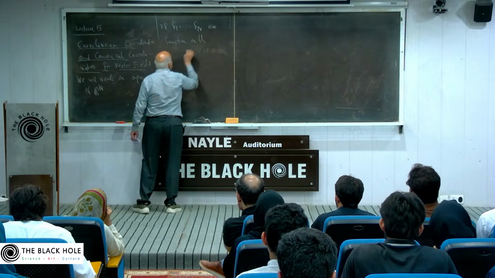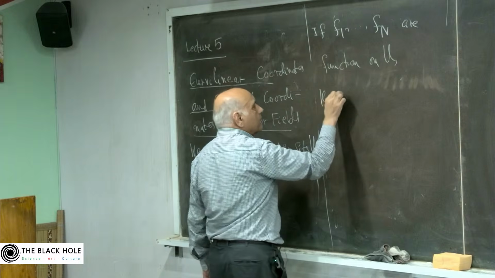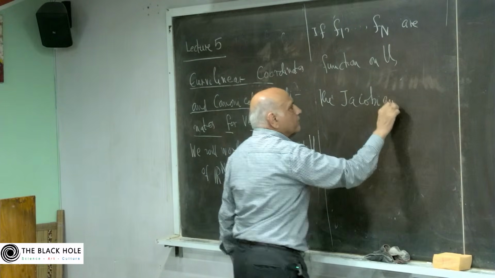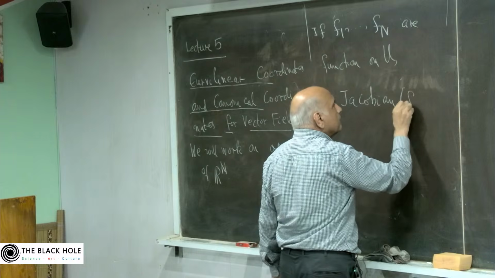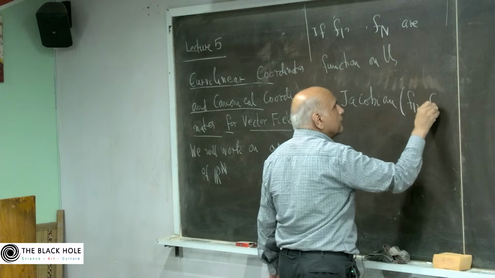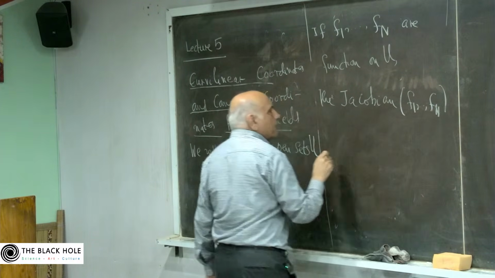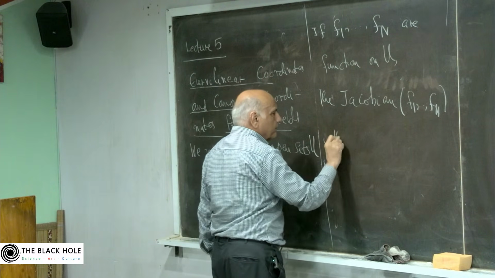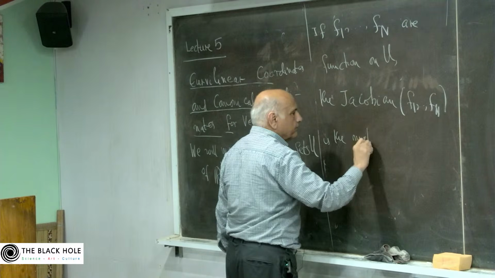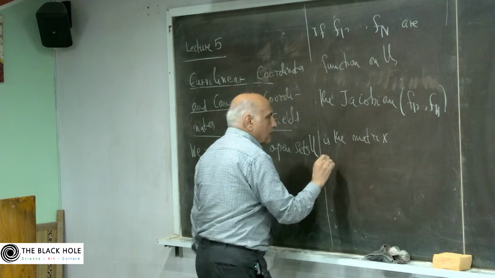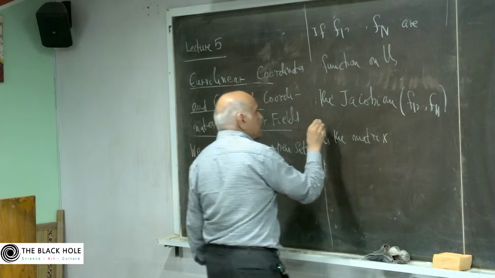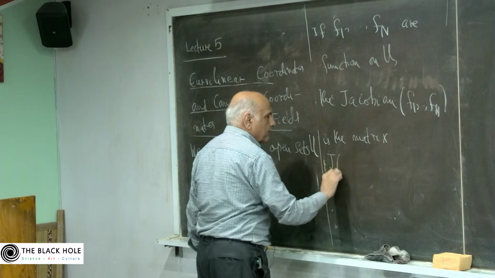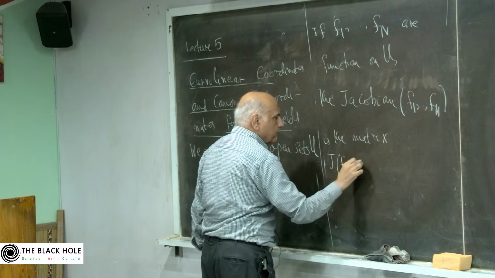The Jacobian of f1 up to fn is by definition the matrix, let's call it J, the matrix J of f1 up to fn.